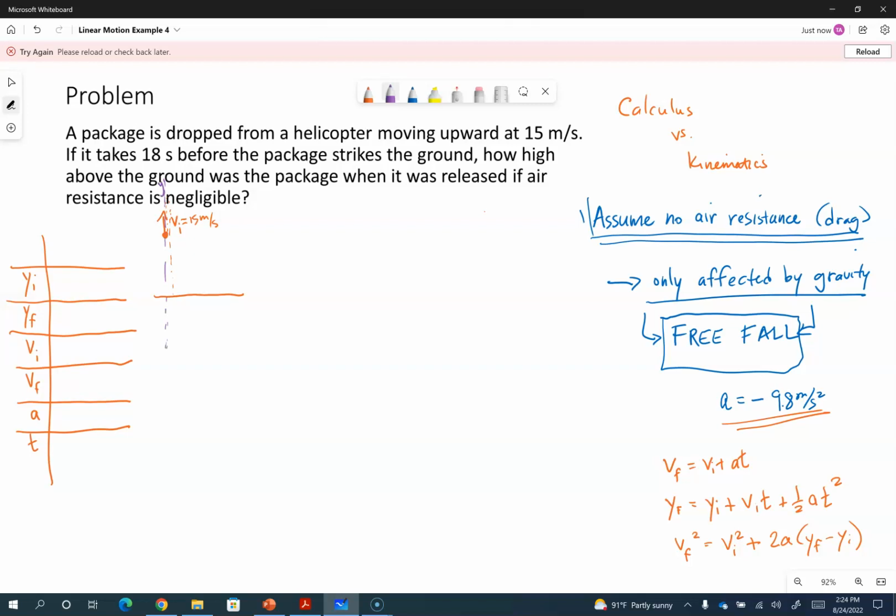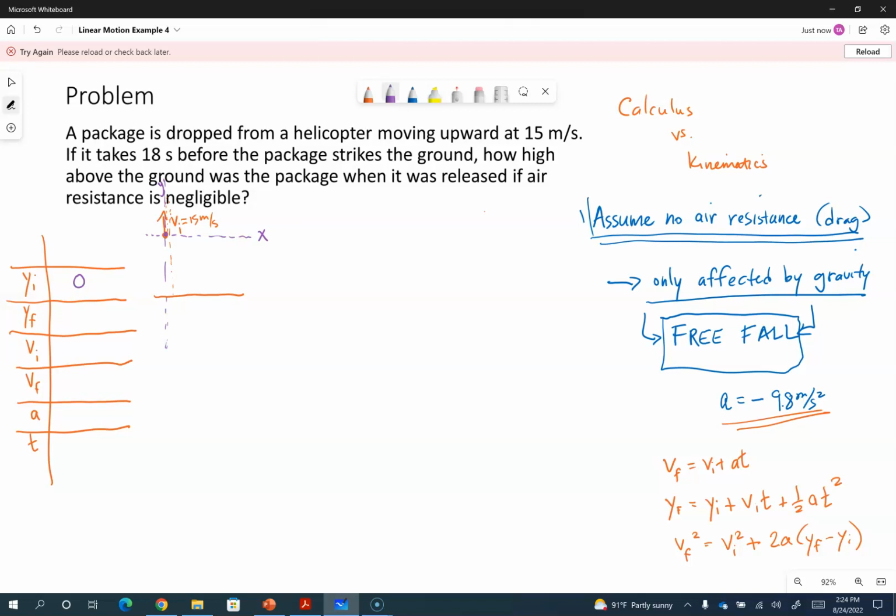Our x-axis, so that we're defining the origin, it doesn't really matter if we choose to put it where the package is initially or at the ground, either way works. Let's go ahead and put it where the package is initially. Again, the only reason I'm drawing the x-axis is so that I'm defining the origin. I'm defining the origin to be where the package is initially. That means I'm saying y initial is 0.